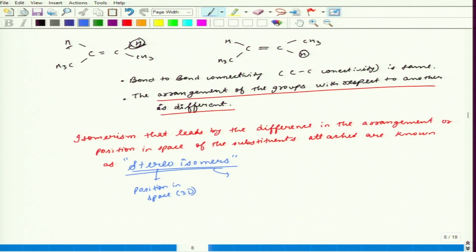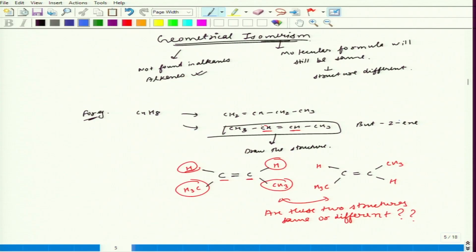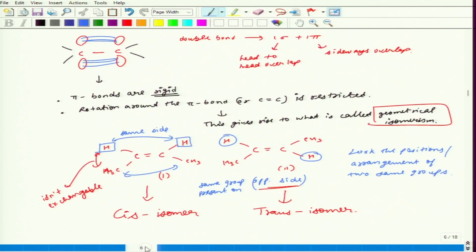So, in this class we have discussed these things, starting from the geometrical isomerism. We have discussed how these are different from the structural isomers. We have taken an example of C4H8, previously discussed in the previous class, the example of but-2-ene, where we have drawn the two possible structures. Then we thought about whether these two structures are same or different.